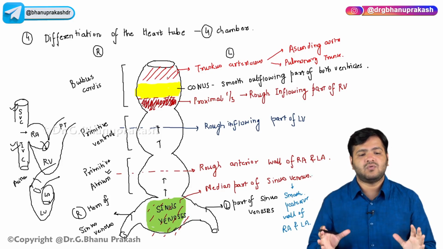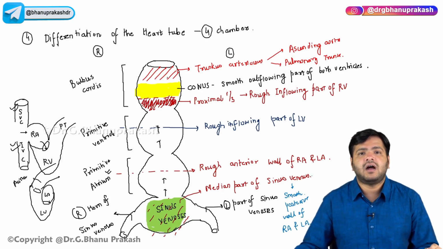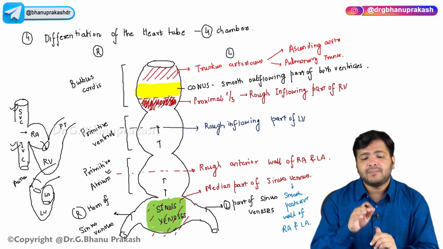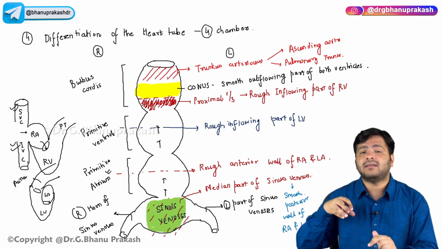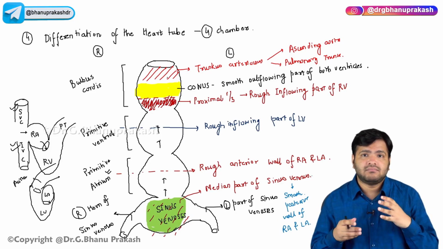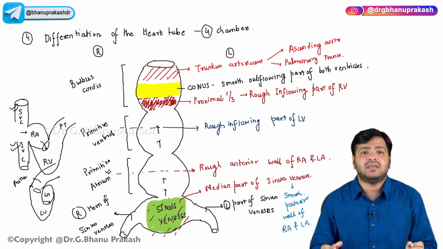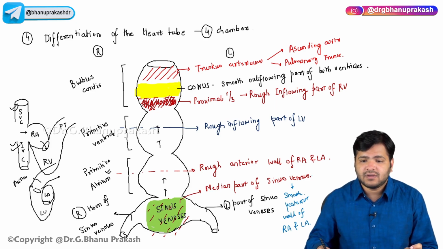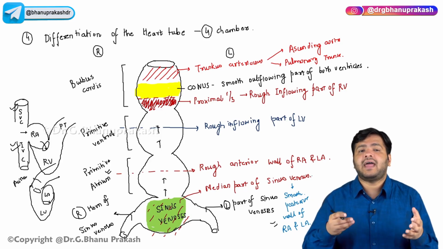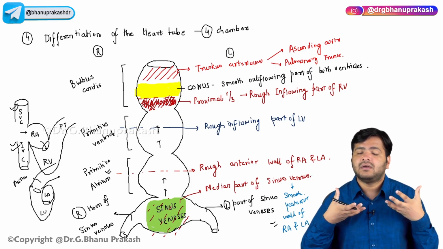So, yes, this was about the differentiation of the heart tube into the four chambers, right? Now, what will happen? There will be folding of the heart tube. The sinus venosus will go behind and the atrium will come in front, okay? This will give rise to the left and the right atrium. The sinus venosus goes behind, so if it is giving rise to the right and the left atrium, they are forming the posterior wall, right?